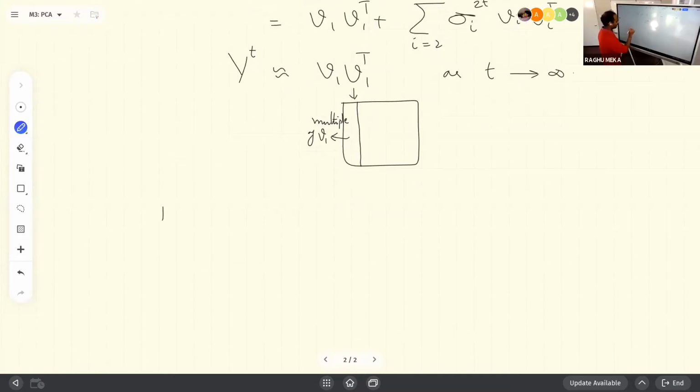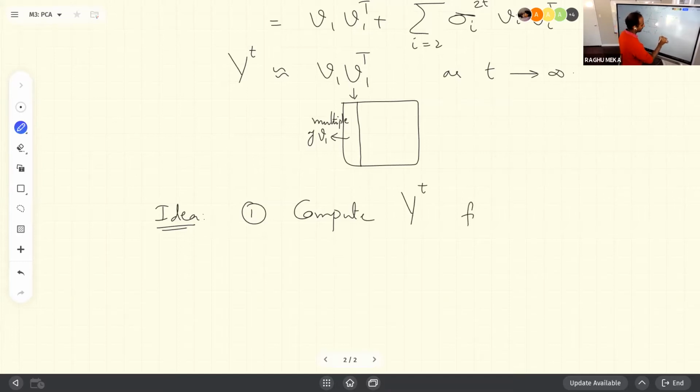So here's the idea then. Step 1, compute y to the t for a large t. So think of it as like 100 maybe.